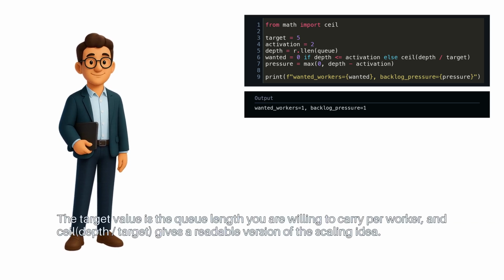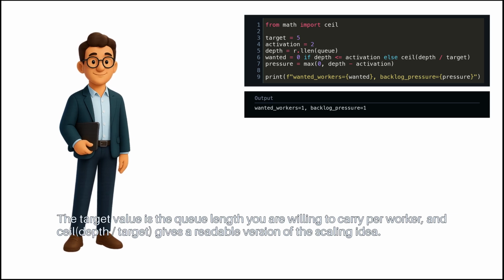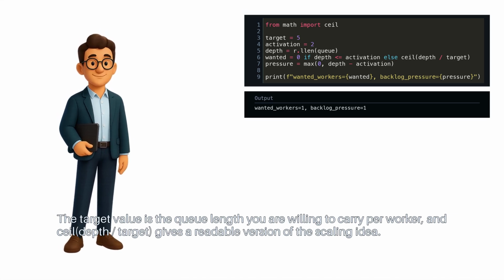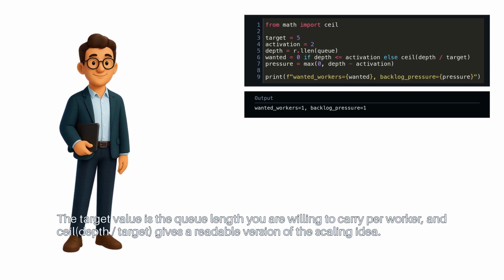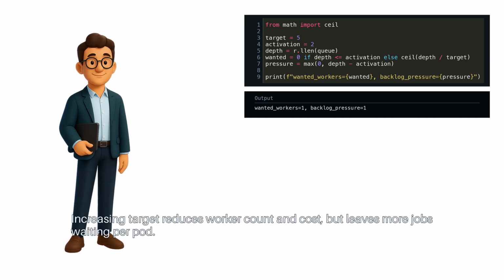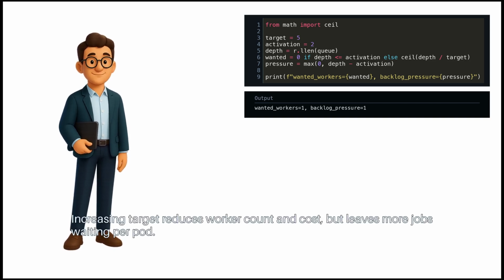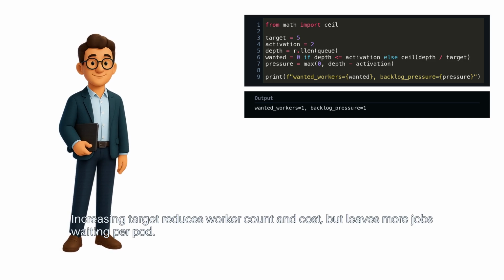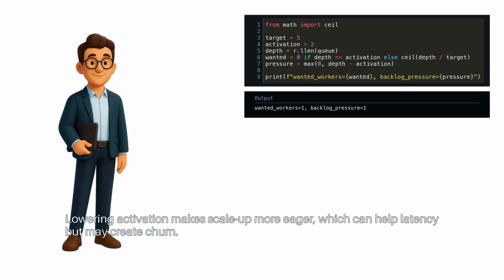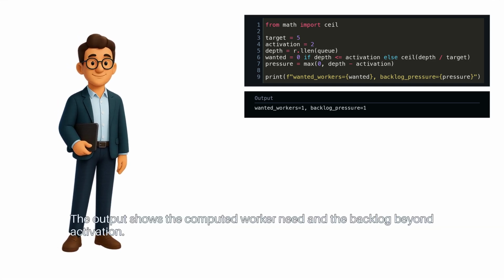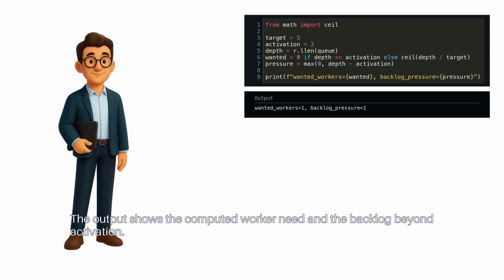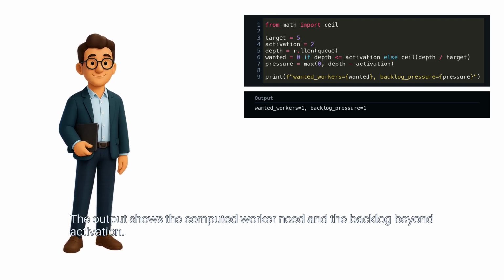The target value is the queue length you are willing to carry per worker, and ceil of depth divided by target gives a readable version of the scaling idea. Increasing target reduces worker count and cost, but leaves more jobs waiting per pod. Lowering activation makes scale-up more eager, which can help latency, but may create churn. The output shows the computed worker need and the backlog beyond activation.